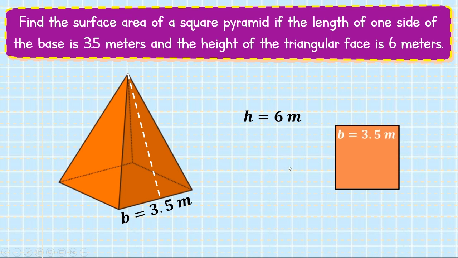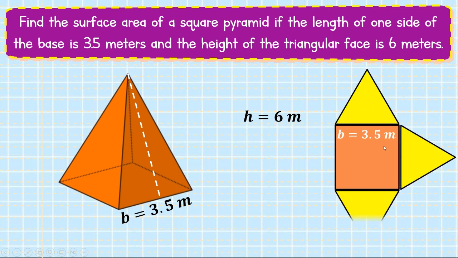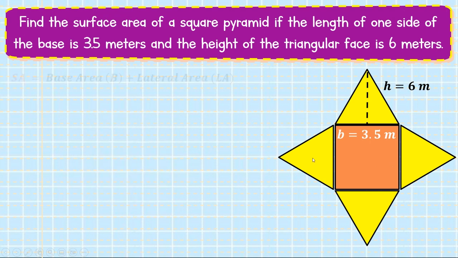Now this would be the illustration. We have the base equal to 3.5 meters, and we have 4 triangles for the lateral area, and the height is equal to 6 meters. Now let's solve for the surface area.